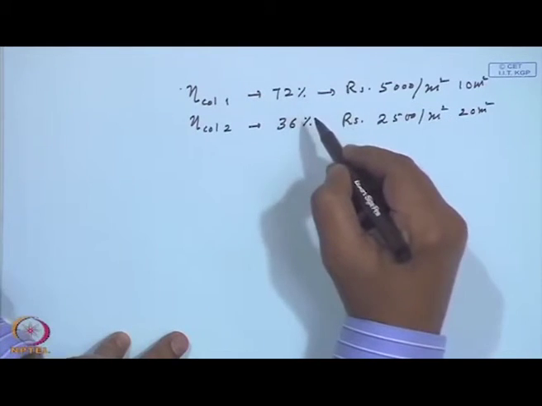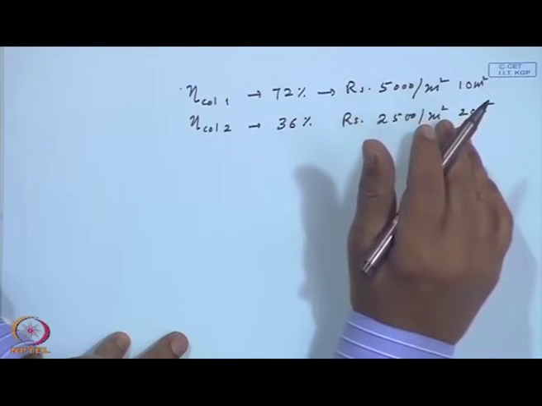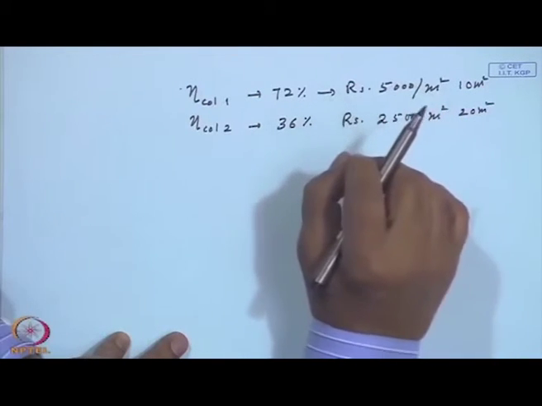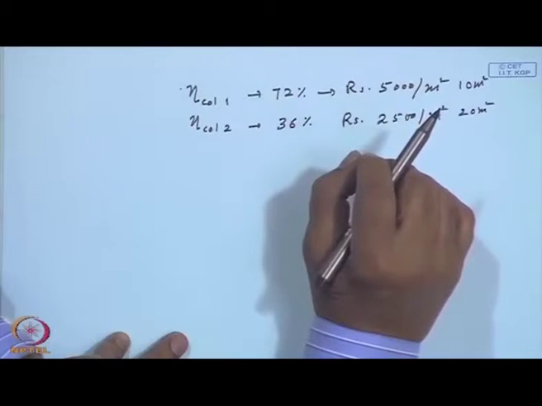Now, do you go for this or that? So, apparently let us say my initial investment is the same, okay, for a given amount of energy apparently based upon the efficiency.